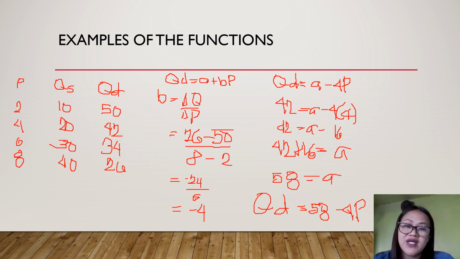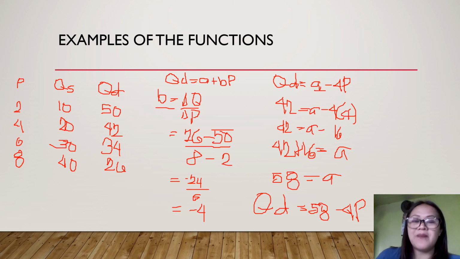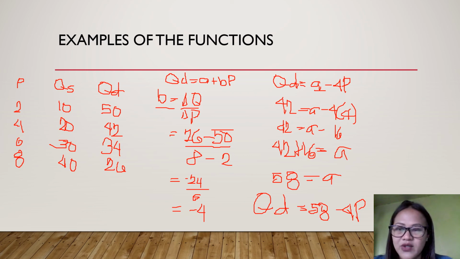Now, in solving for the supply function, you could also do the same. First, you always have to solve for the B. Next is the A. And then you will have your supply function. Pag lumabas ang supply function ninyo, check ninyo kung makukuha ninyo yung amount na ito.